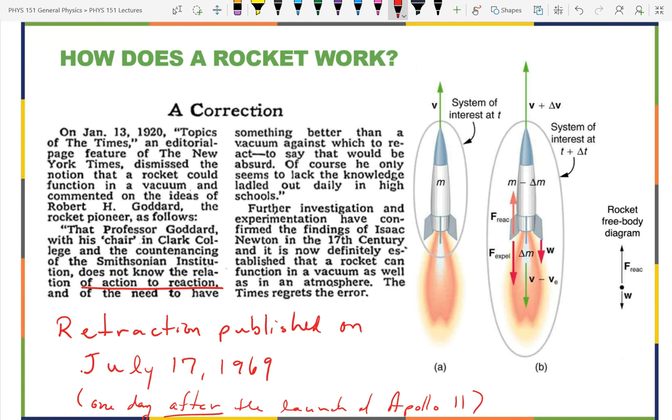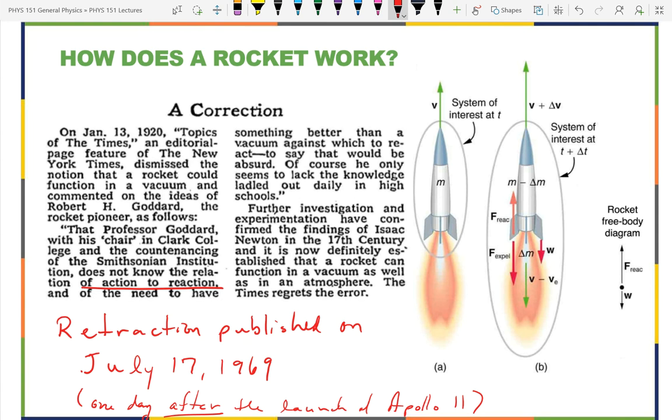Now, we all understand that's wrong. But he said that, of course, he seems to lack the knowledge laid out daily in high schools. Up until around 1900, scientists thought that there was some kind of material out in space. It wasn't a vacuum.